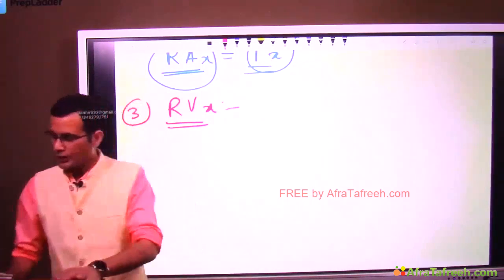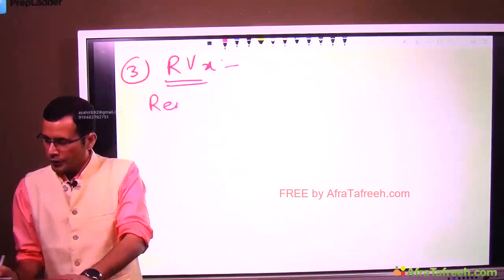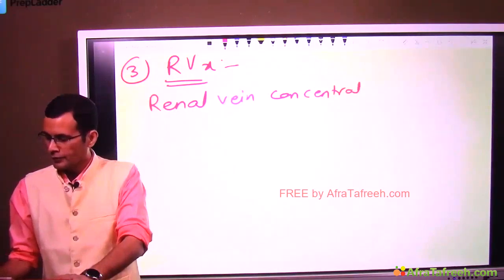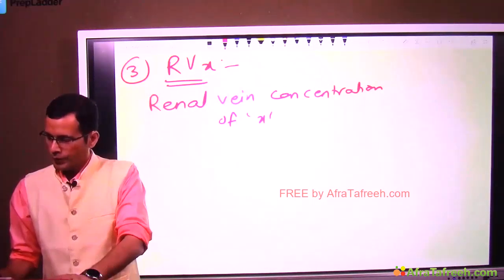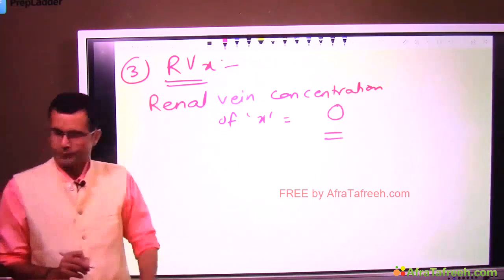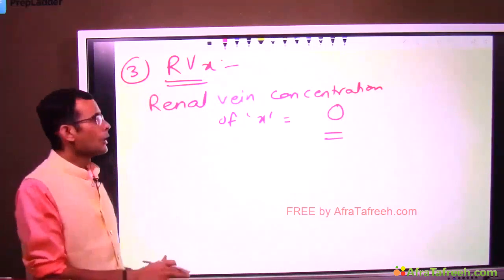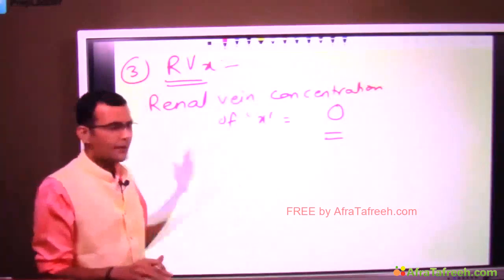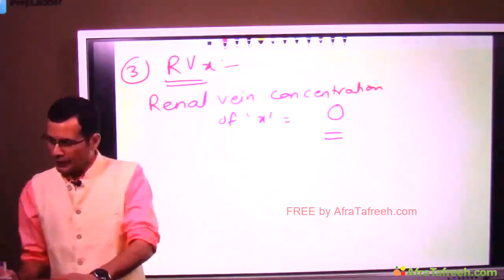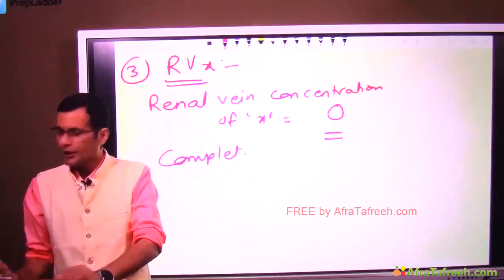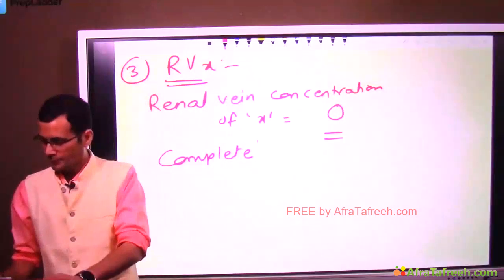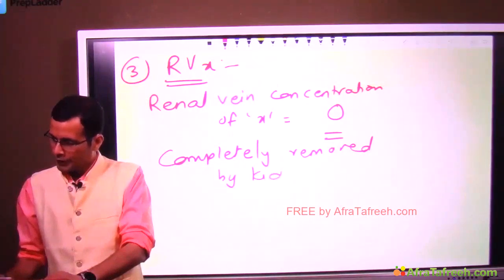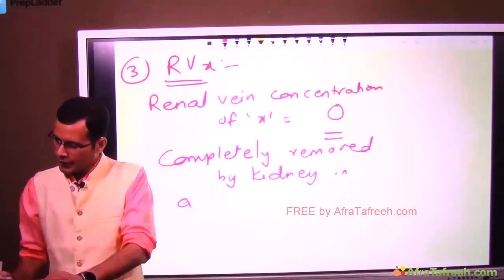So the criteria number 3 is renal vein concentration of X is equal to 0. It does not come in the renal vein at all. Which means this substance is completely removed by the kidney in a single pass. Completely removed by the kidney in a single pass.